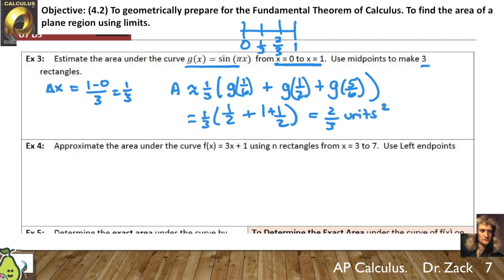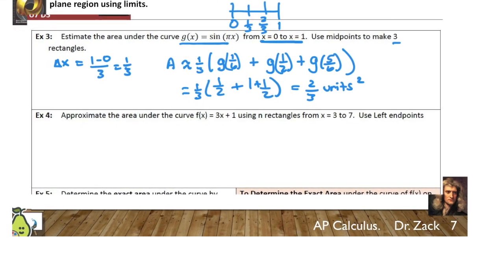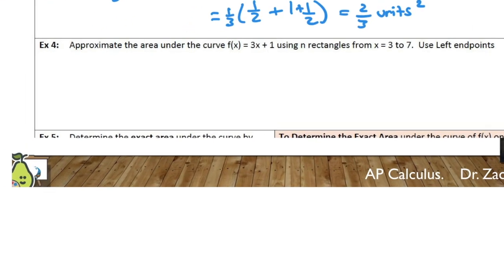Now, when we're looking at example 4, approximate the area under the curve, 3x plus 1, using n rectangles. Dun, dun, dun. So now you're getting into formulas. Love a good formula, because formulas lead you to shortcuts. So delta x is going to be 7 minus 3 over n, which is 4 over n.